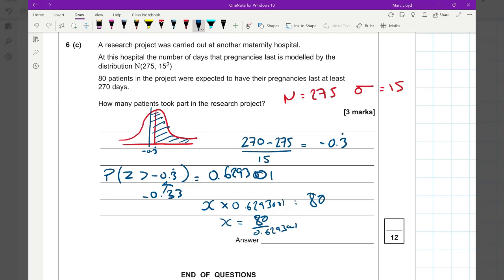Again, got to go back to run matrix, menu 1. So 80 divided by 0.62930, I'm going to leave it there, which gives me 127.12537774, and therefore our answer will be 127 patients taking part in the research project.